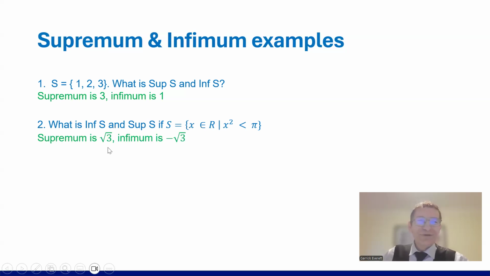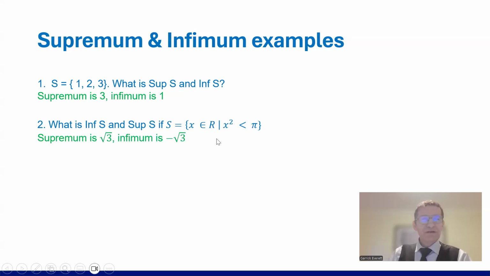Okay, so here the supremum is root 3. We want a real number which is going to work here to give us a number less than pi that actually exists. So supremum is root 3, infimum is minus root 3, so they actually exist as the supremum and infimum in the real numbers.